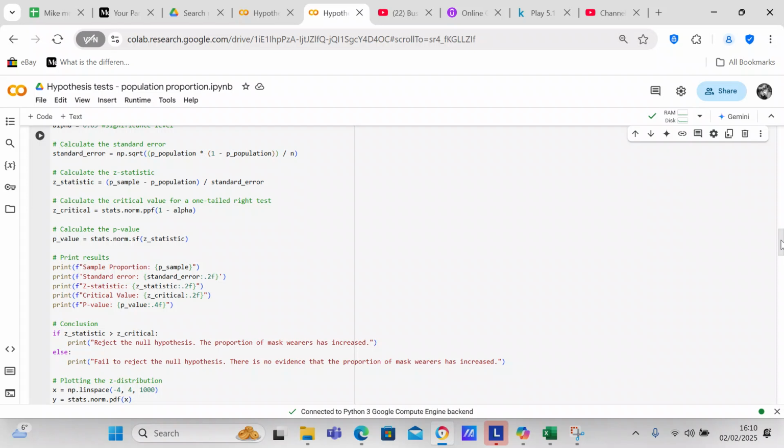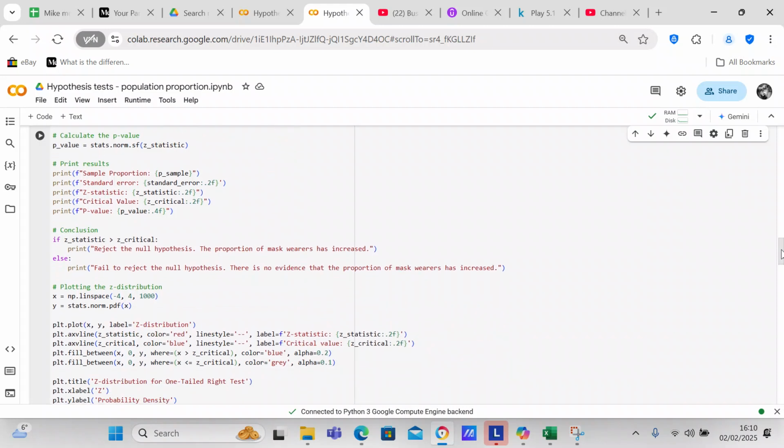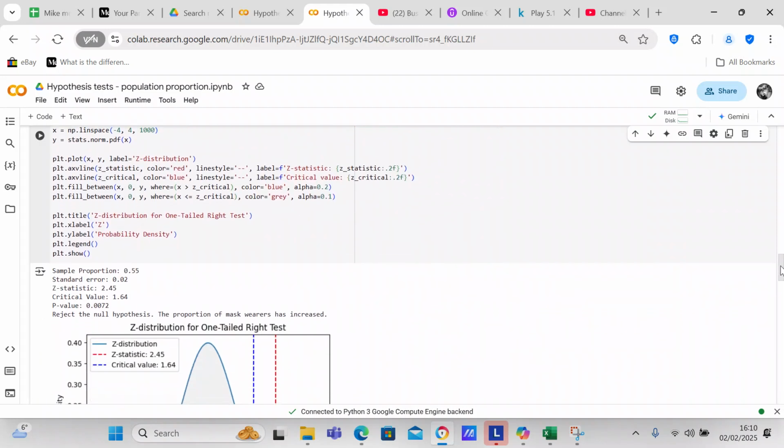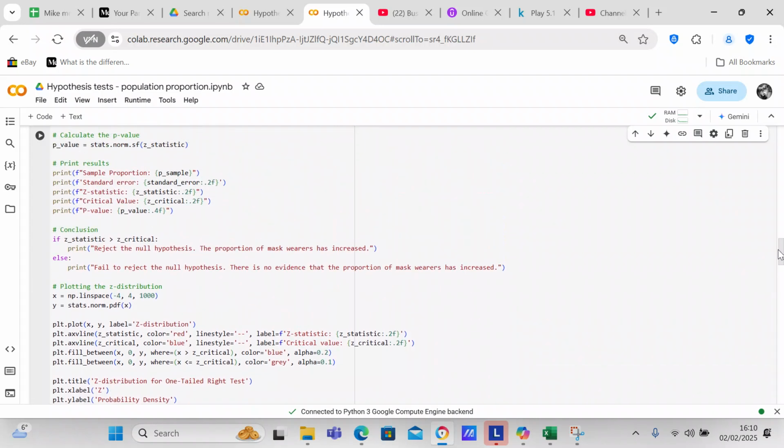And now you're going to calculate the p-value. P-value equals stats.norm.sf, and that stands for survival function, of the z-statistic. So your p-value is 0.0072. So that's less than 0.05.